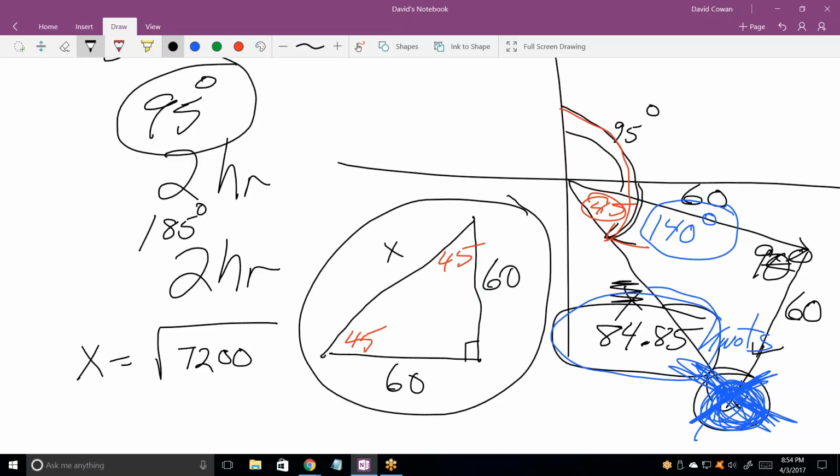I know he went 60 knots on one short side and 60 knots on the other short side. So I can figure out x using the Pythagorean Theorem. And I can figure out that that's got to be a 45 degree angle. So the total angle's got to be 95 plus 45.